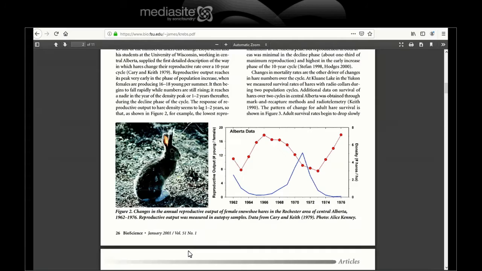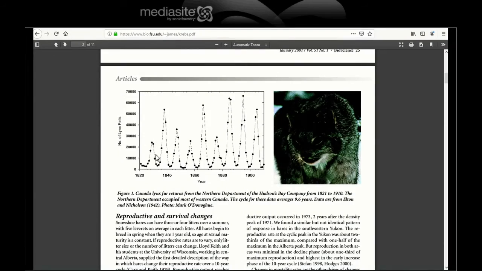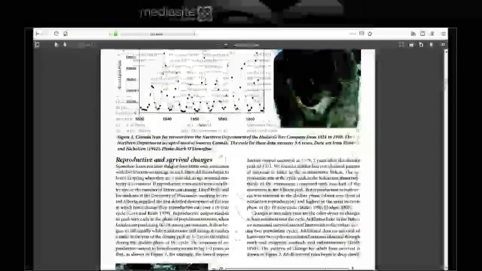Now you're going to look at the hare cycle. Here's a hare cycle, and density is blue, reproduction output. Well, it looks like it goes up, goes down, goes up. Look at the lynx population: goes up, goes down, goes up, like a roller coaster.